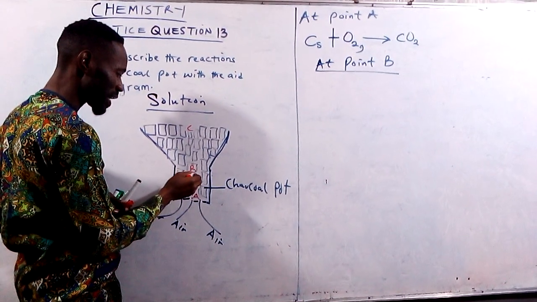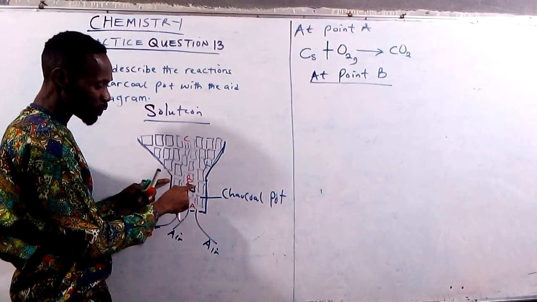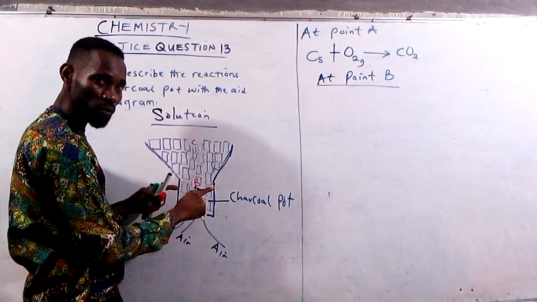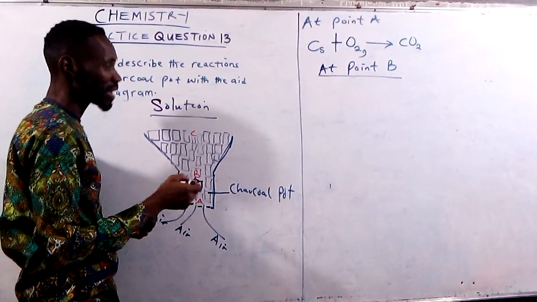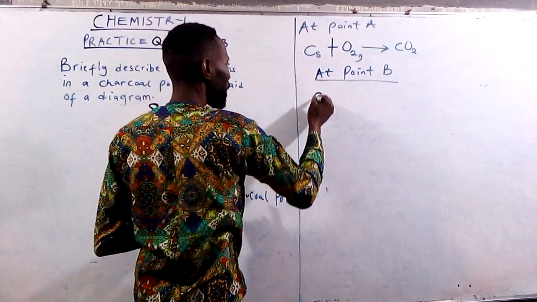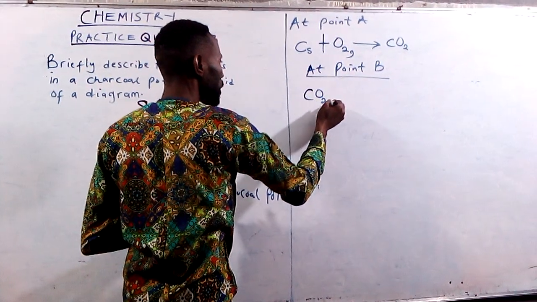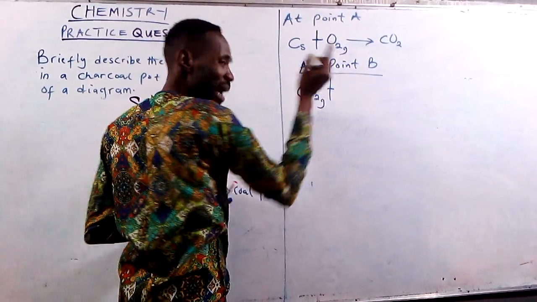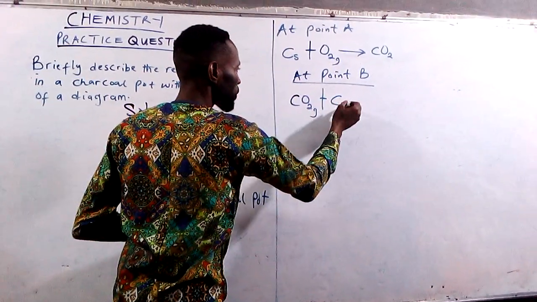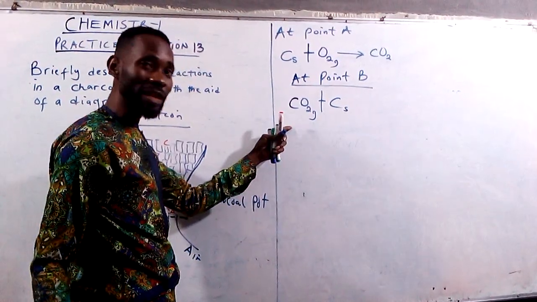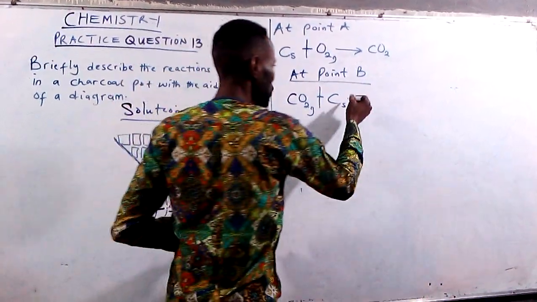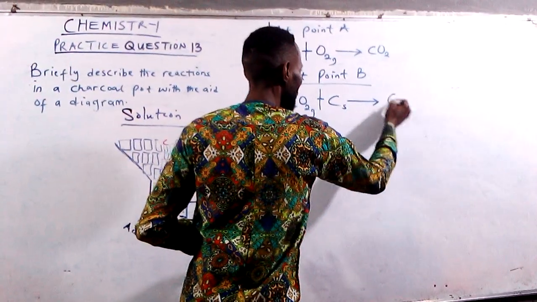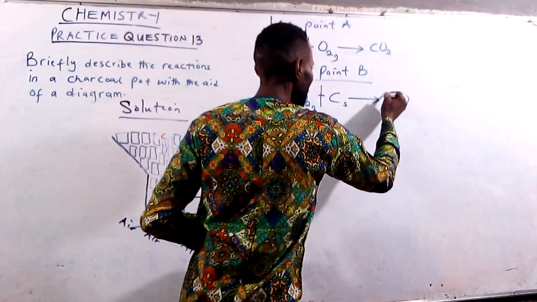When it flows in where the level of oxygen is drastically reduced, the carbon 4-oxide that has moved to that point will react with more carbon, C, solid. When it reacts with more carbon, carbon monoxide will be formed.